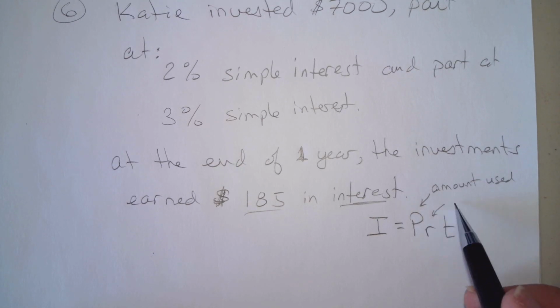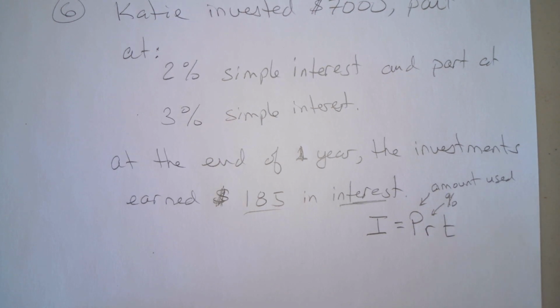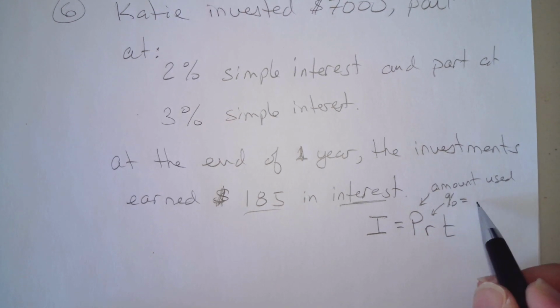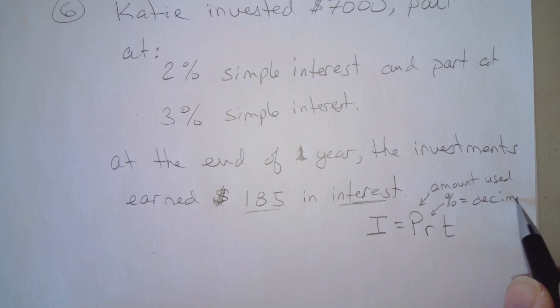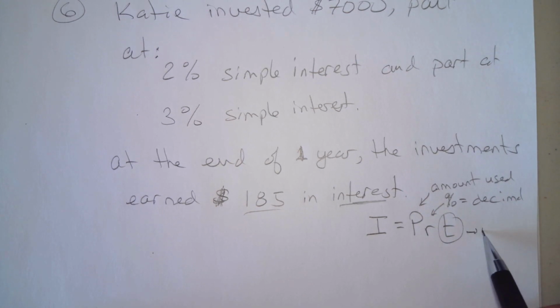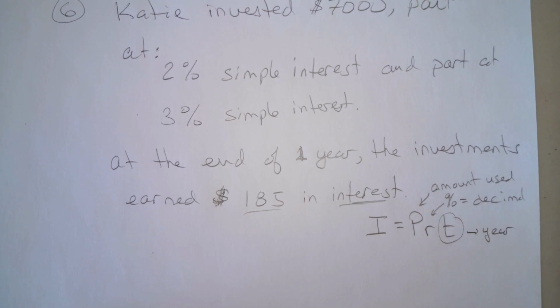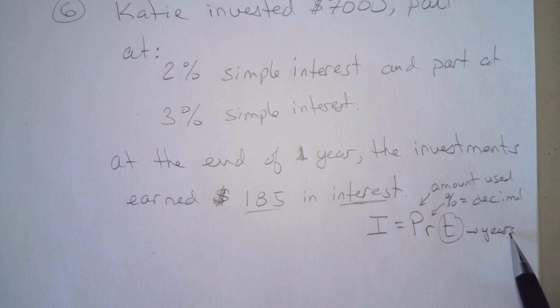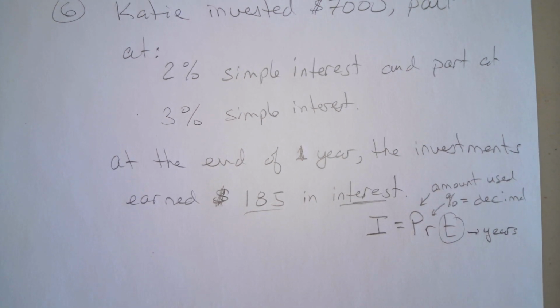The rate is a percent converted to decimals. And time is always in years. So if you're talking about month per month, that's 1/12 of a year. Or every 4 months, that's 1/3 of a year.